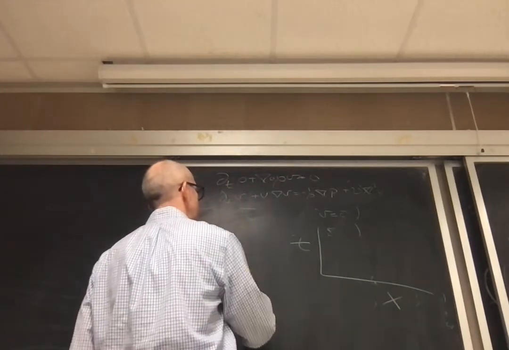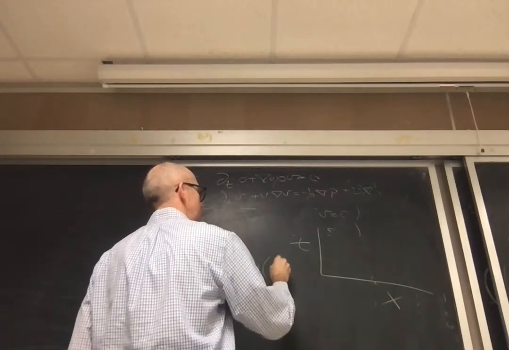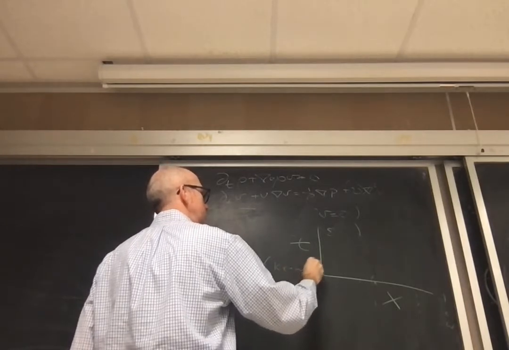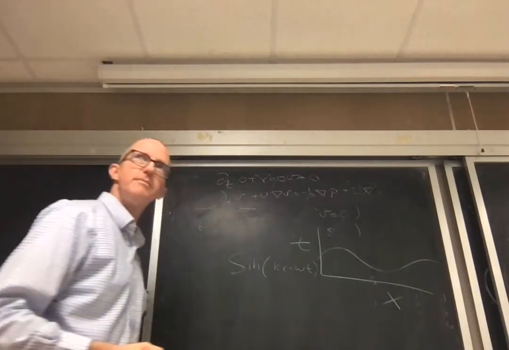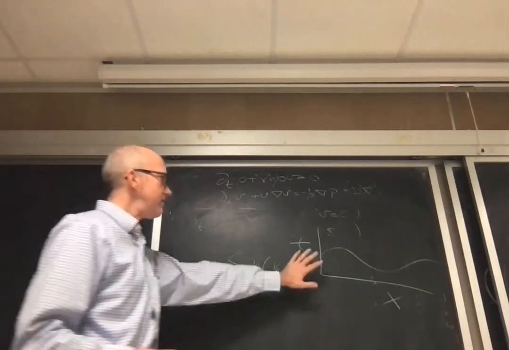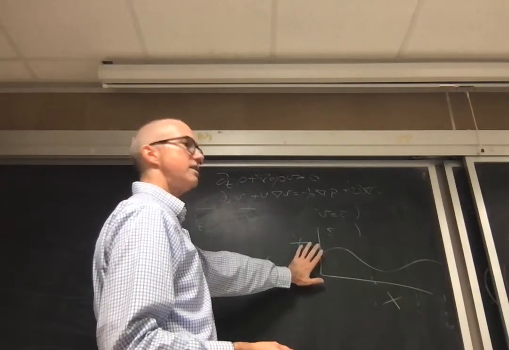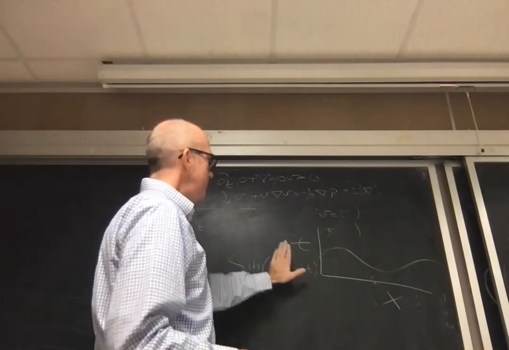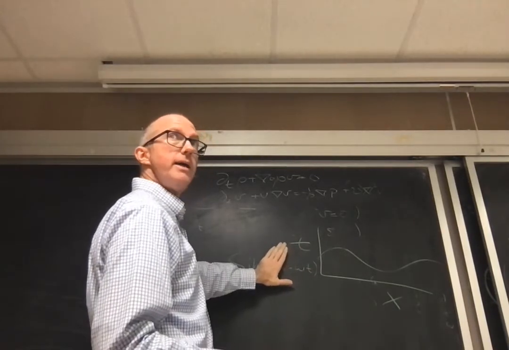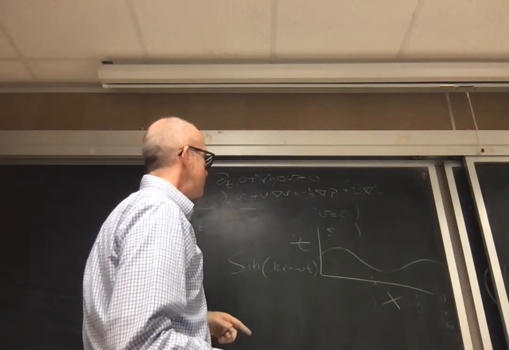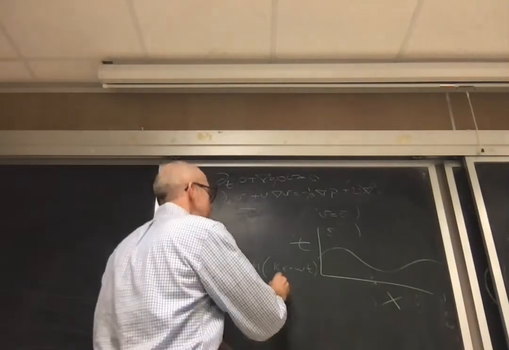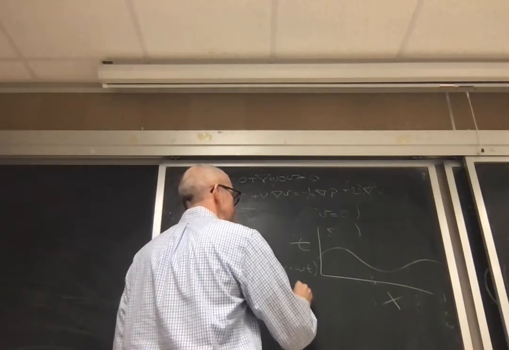If I have sine kx minus omega t, that looks like this, right? If I keep t fixed, then it's just sine kx. If I keep x fixed, then it's just sine omega t. This goes up and down, right? That makes sense? You can think about this as k times x minus vt.